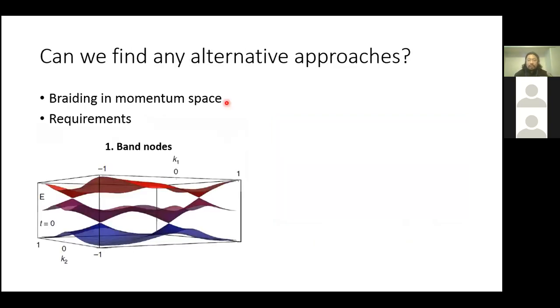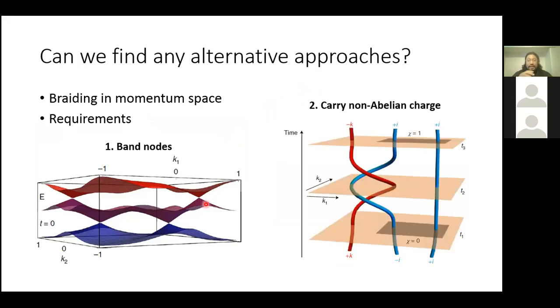One alternative approach is based on braiding in momentum space rather than real space. To realize braiding in momentum space, we first need band nodes, which are band crossing points in the momentum space. The other requirement is that these band nodes must carry the non-abelian charge. We'll analyze how to realize these two requirements.